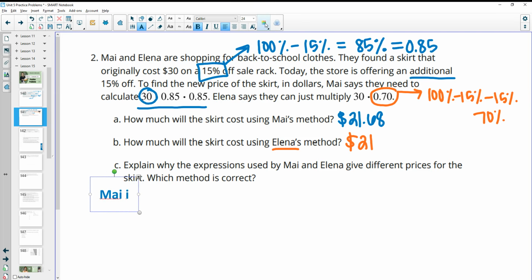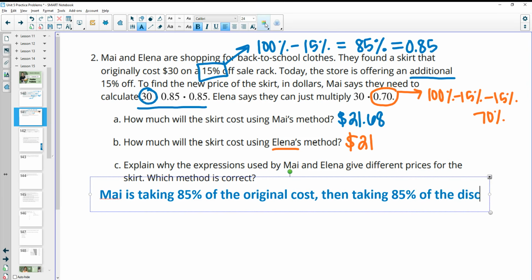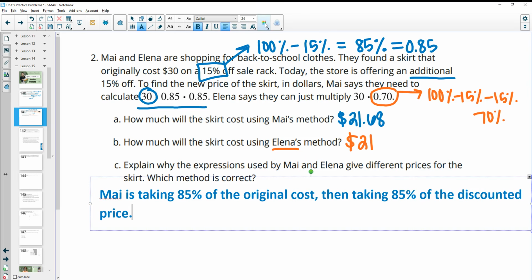So Mai is taking 85% of the original cost, then taking 85% of the discounted price, right? So she's doing the skirt times 0.85, then taking that discounted price and multiplying by 0.85 again.